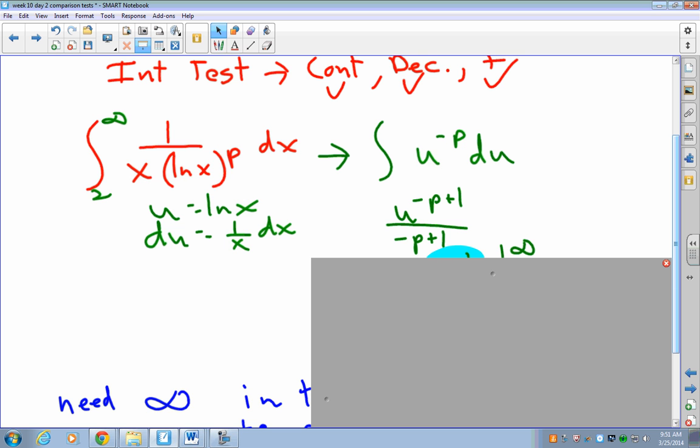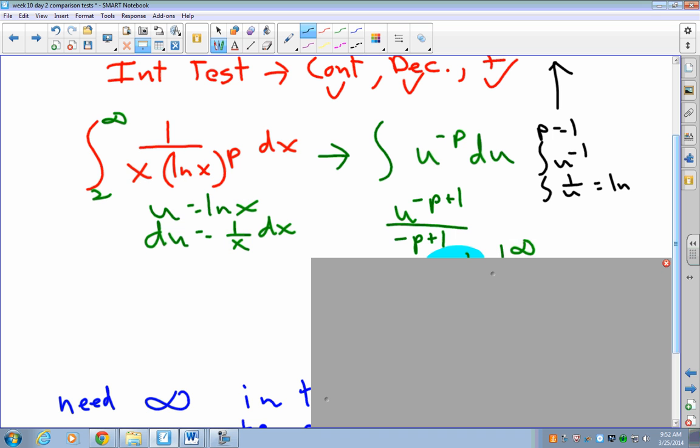Are you okay if that's how you would integrate that? You'd add 1 to the exponent and divide by that. You guys okay with that? Because again, the one that we had just done, just right above, was if p was 1, do you agree that would be u to the negative 1, which is 1 over u, which is the ln stuff? But if p is not 1, there's no more ln stuff. It's add 1 and divide.